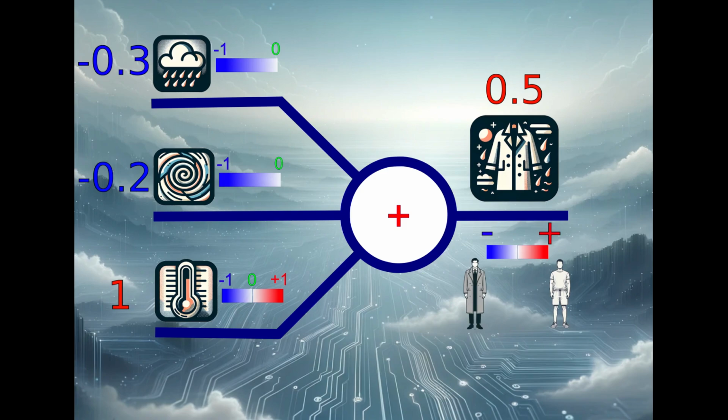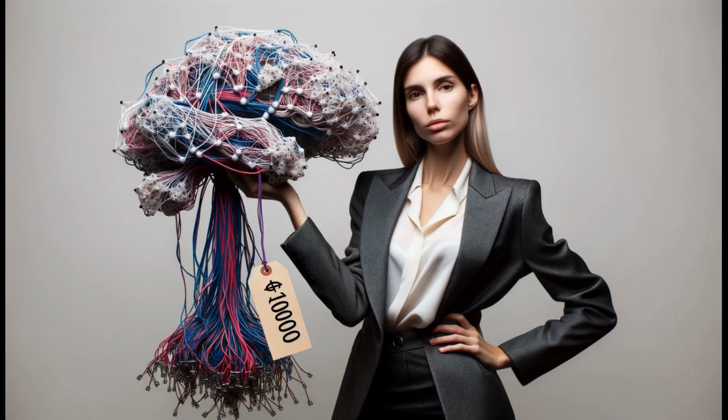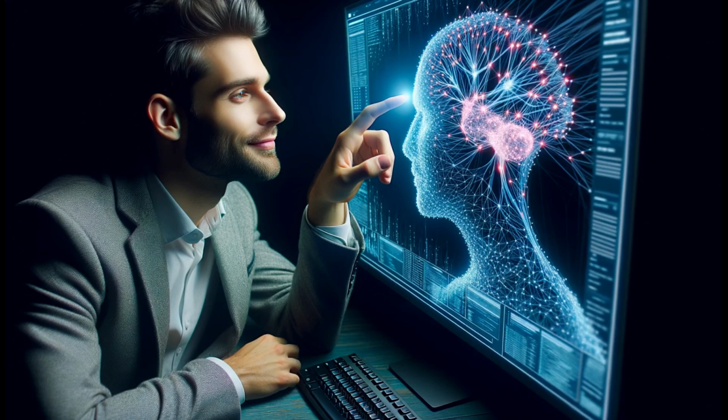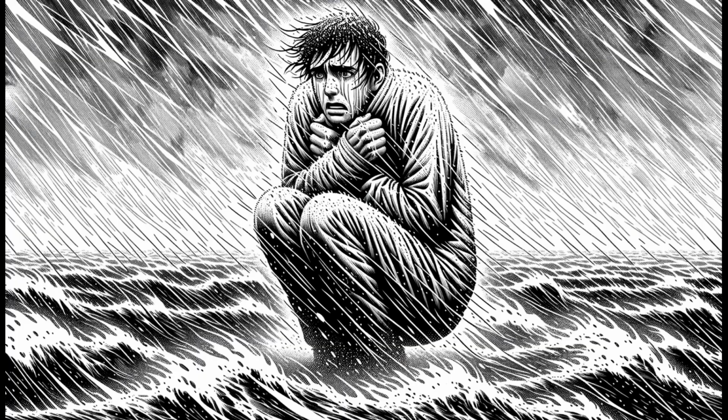I suggest you rush to the store and buy a neural network just like the one I described here for $10,000. And it will help you choose your outfit. Just imagine, you followed the recommendations of the smart machine and went outside. And then... something went wrong.